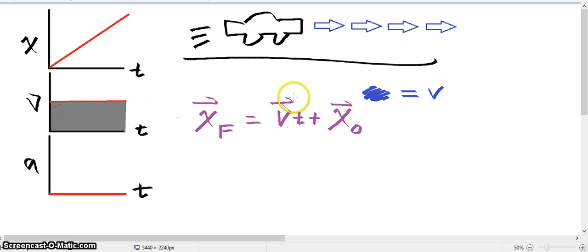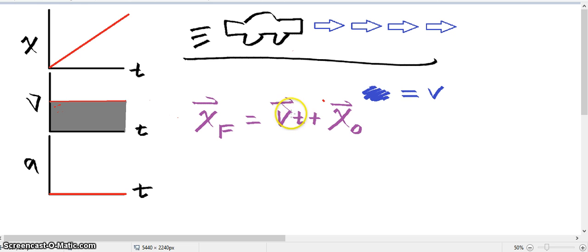To find the final position, you see how far you traveled, but then you add how far you started in. So let's say you started driving at 100 meters, and your zero position would be your house. So you started driving 100 meters away from your house.